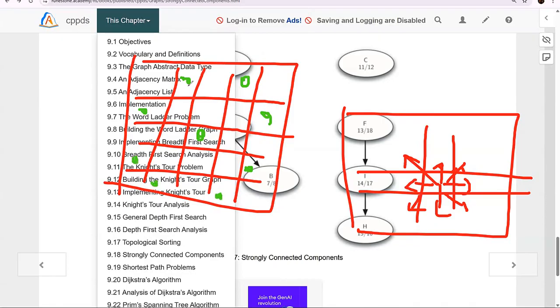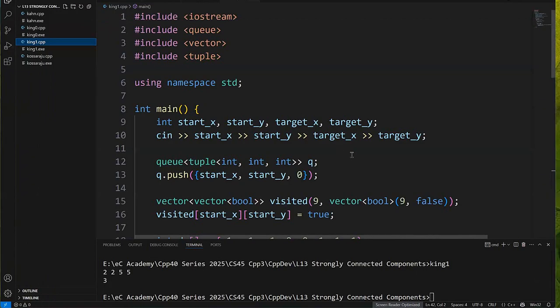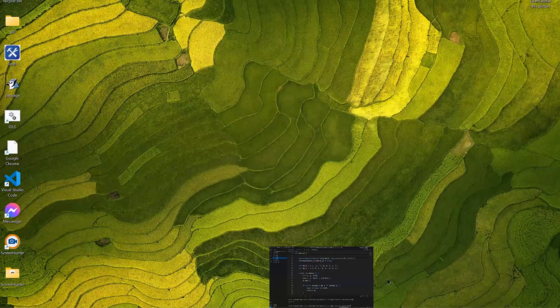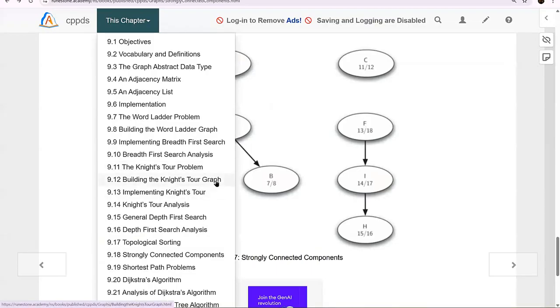Some of them are legal moves. So this one also has 8 different possible moves. But these 8 different possible moves for the knight are different from the king, but the algorithm should be similar. Right now in your king's algorithm, you push in the vector of +1, -1, basically for the 8 directions. Now you just change the vector. You should be able to finish the knight version. Okay, that's all we need to know.